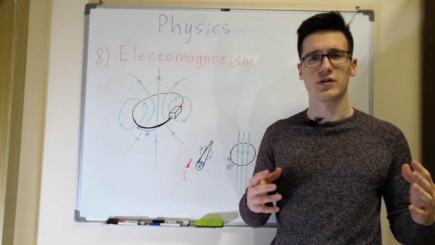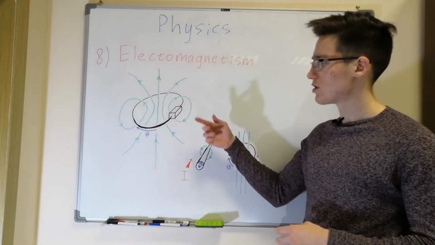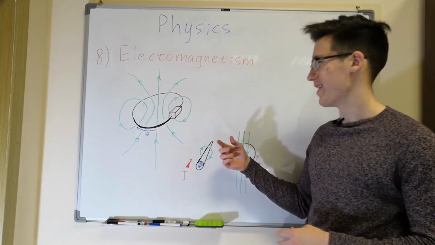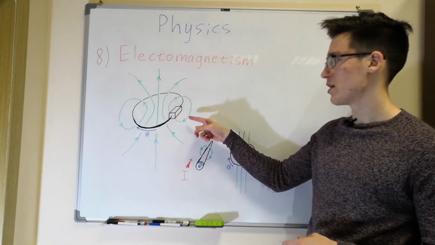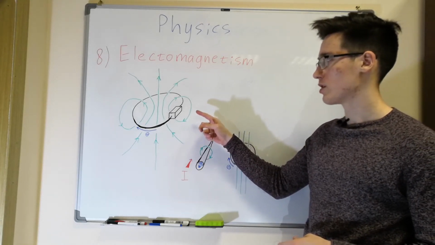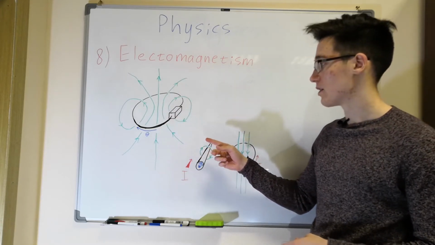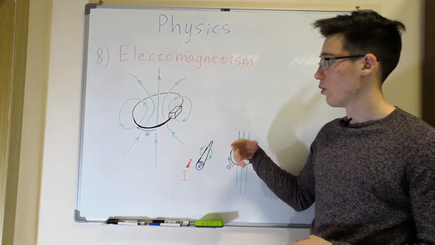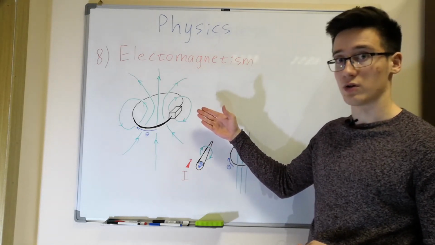So to illustrate this, let's look at this example. Here we have a circular circuit, all right, with a battery that is generating electric current in the circular wire, and this electric current will generate magnetic field in its turn.